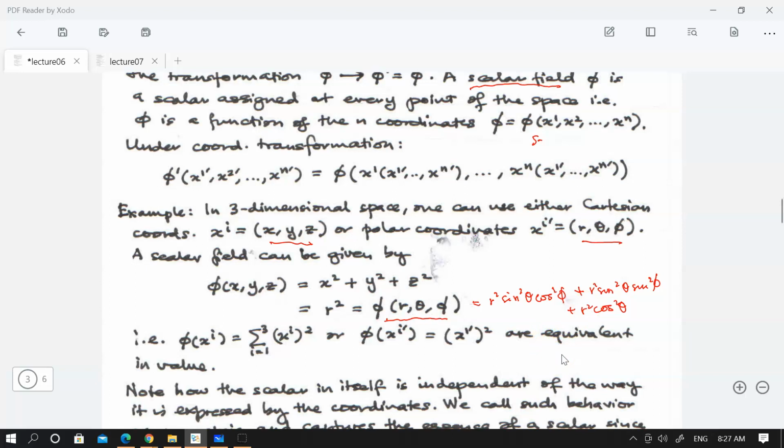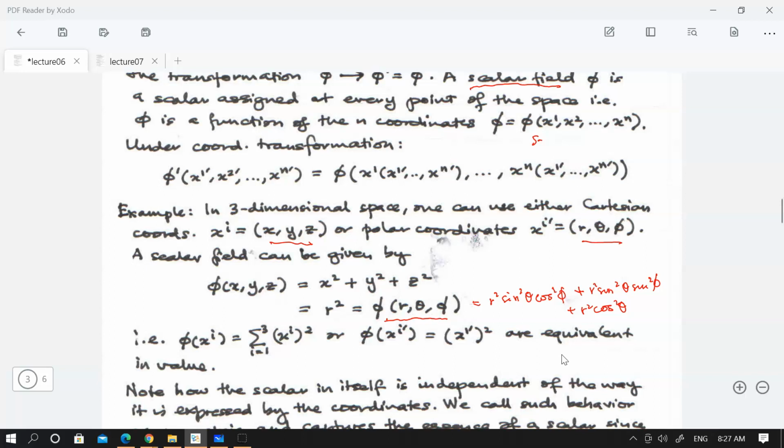Over here is another thing perhaps I can highlight: in some cases you find that certain coordinates might give you a better description in some sense. So in other words, over here you only need to use your r squared, and theta and phi somehow cancel out in this particular function.